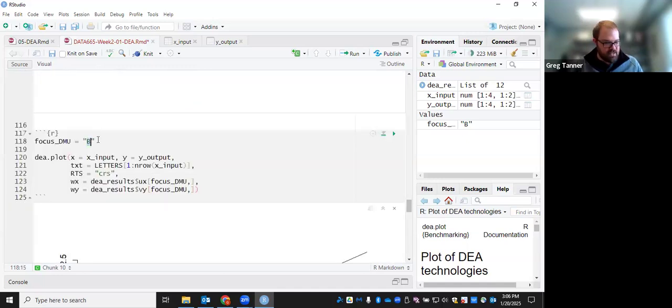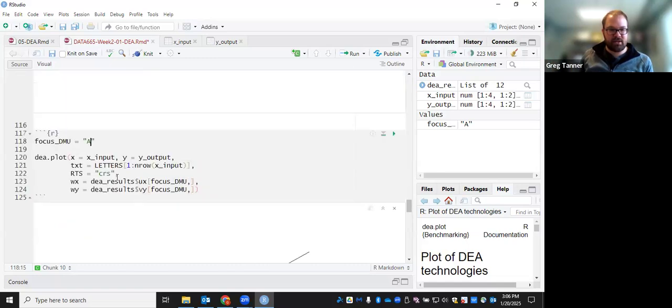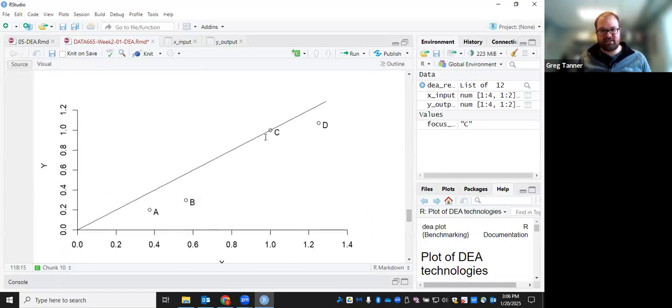If we go back to A, according to A's weights, C is efficient, but D is not. Which is fine because we're only coming up with A's efficiency score based off of A's weights. D's efficiency score depends on D's weights and not A's weights. Let's, for completeness, look at C. We can see that C sees itself as 100% efficient and sees everybody else as less than 100% efficient.